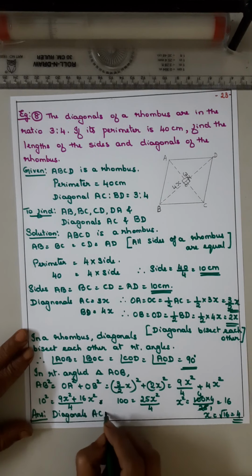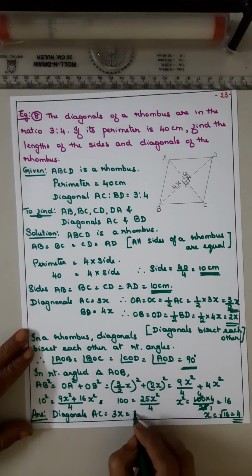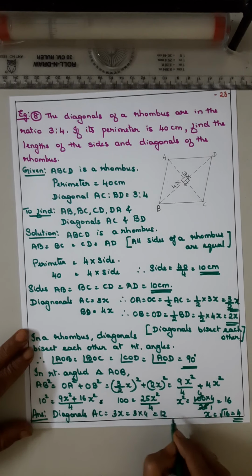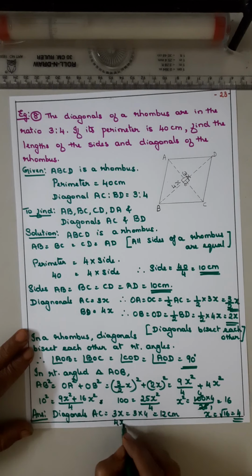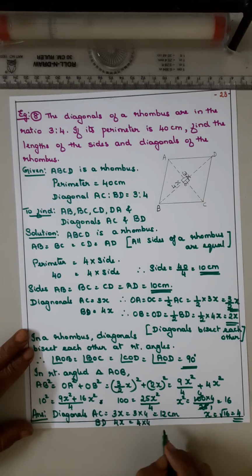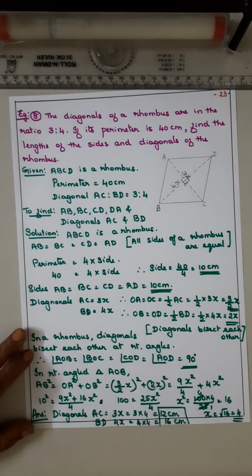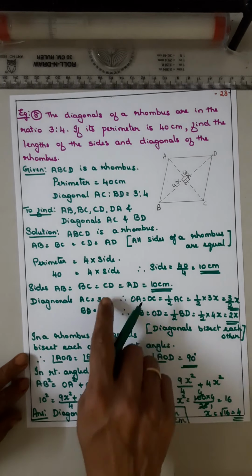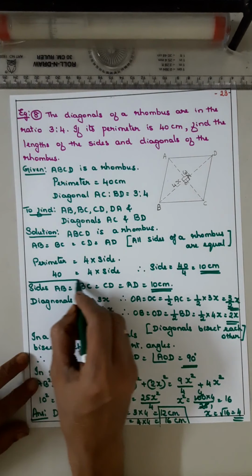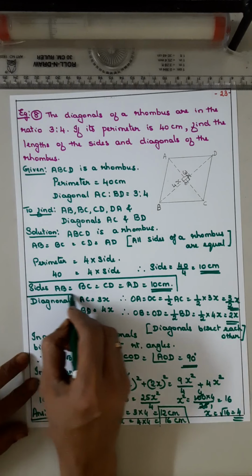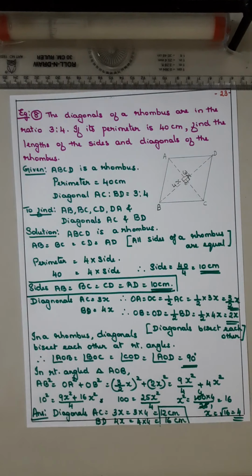AC is equal to 3x, 3 into 4, 12 centimeters. BD is 4x, 4 into 4 is equal to 16 centimeters. Understood? So one diagonal is 12, the other diagonal is 16 centimeters, and the sides are 10 centimeters each.